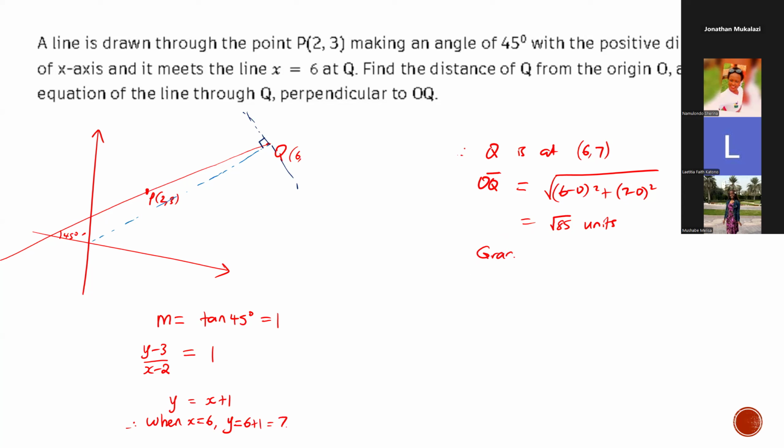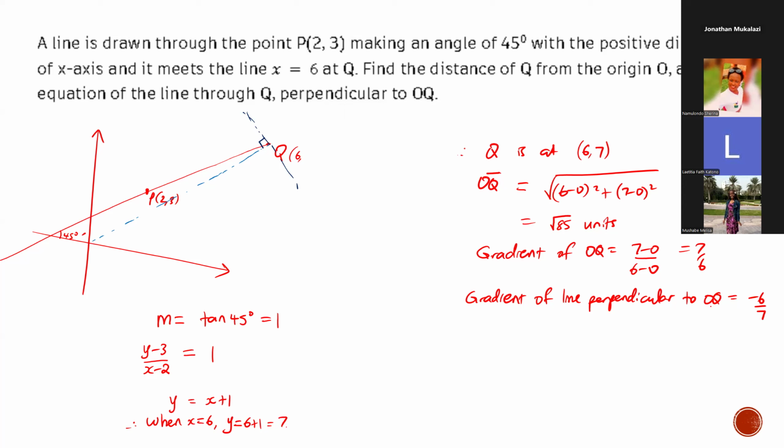So the gradient of OQ is (7 minus 0) over (6 minus 0), which is 7 over 6. Therefore, the gradient of the line perpendicular to OQ is going to be the negative reciprocal, so negative 1 divided by 7 over 6, so negative 6 over 7.